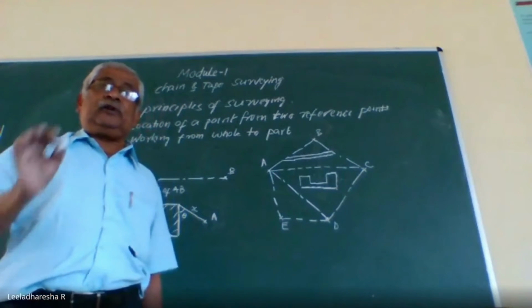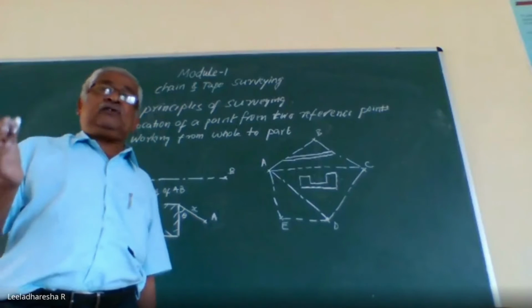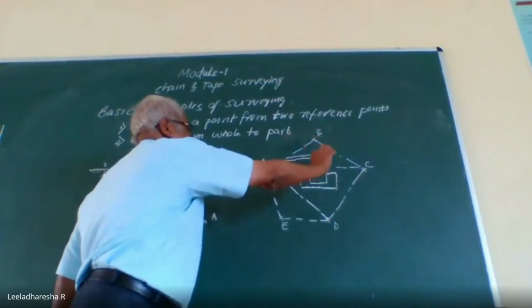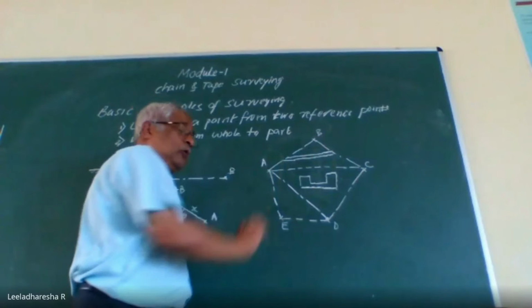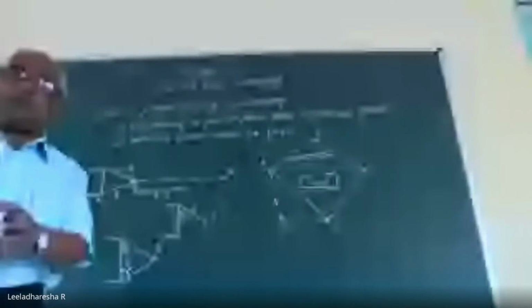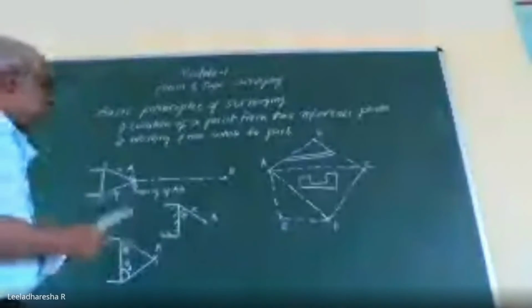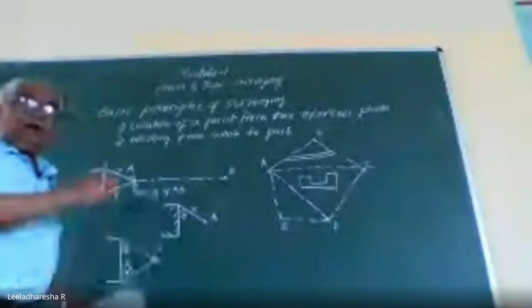Otherwise, it will not close. There will be some closing error because of various mistakes. And that can be corrected if we are working from whole to part. That is why we need to work from whole to part. So these two we call them, and in your examination also this particular question is very commonly asked. Explain this with neat sketches as I have drawn on the board.